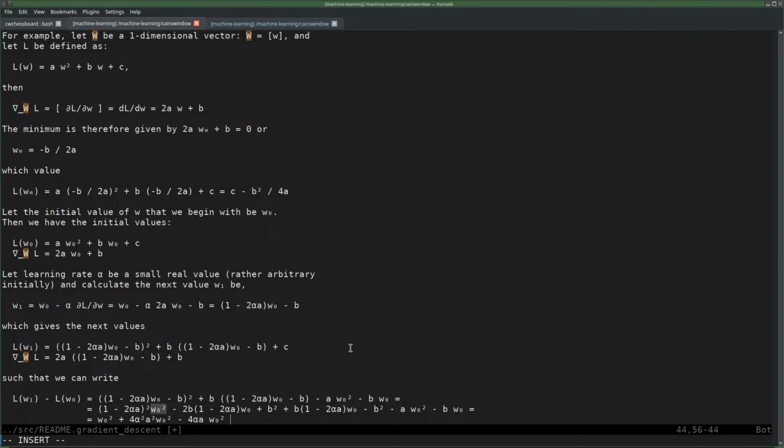And here we have minus 2b w0 plus 4b alpha a w0.